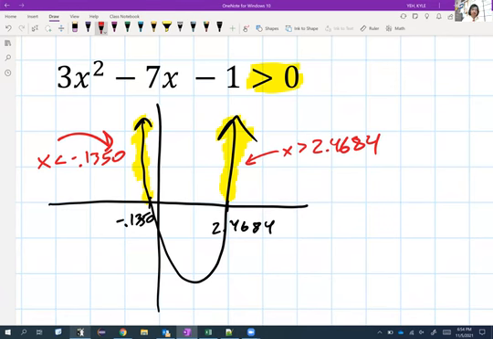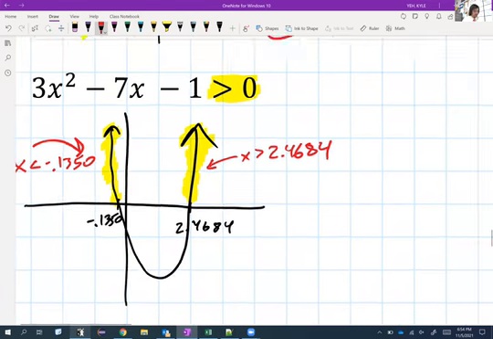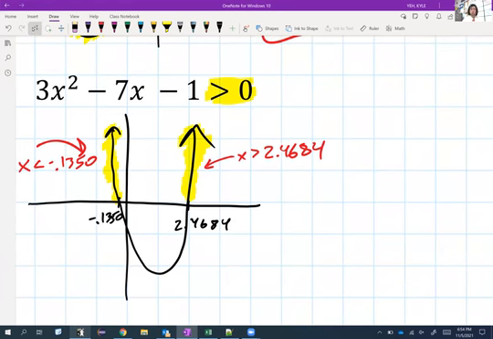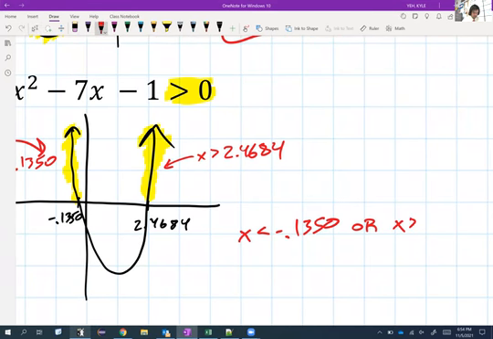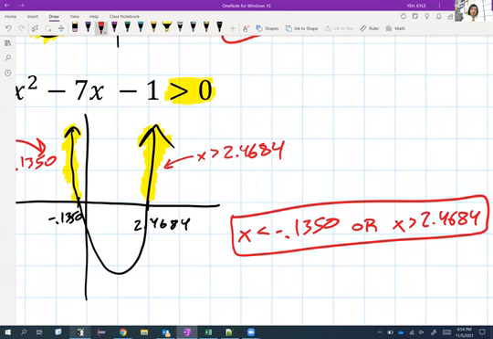2.4684. So combined, what is my solution? What x values make this a true inequality? X is less than negative 0.1350, or x is greater than 2.4684. Looking at just on the graph, where are we above the axis?